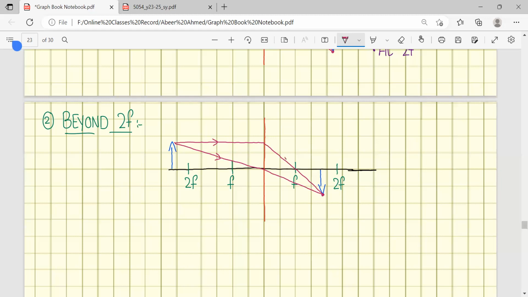Yes. And if you want to write about the nature of the image, so what will be the nature of the image? Is it real? Yes. Okay. What about the other one? Real. Inverted. Inverted.